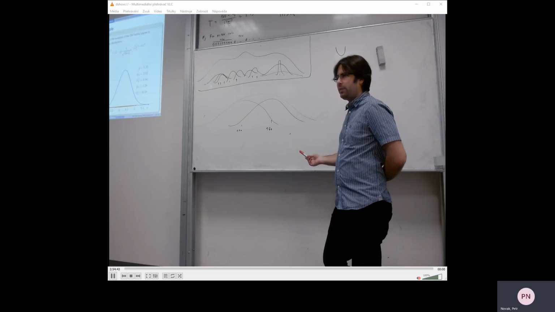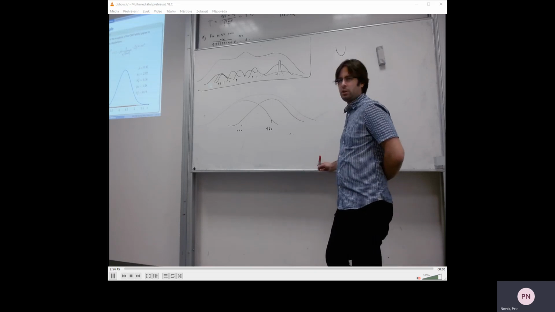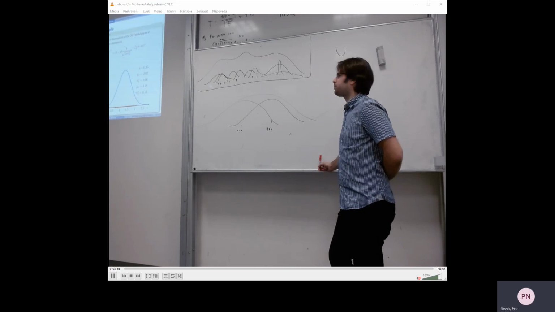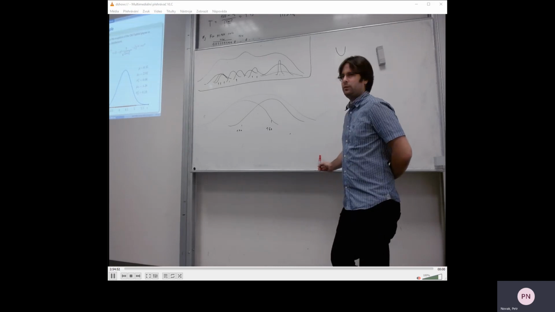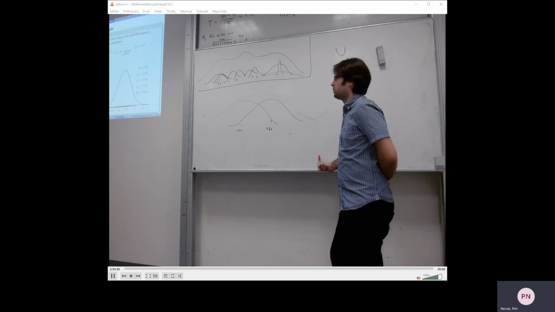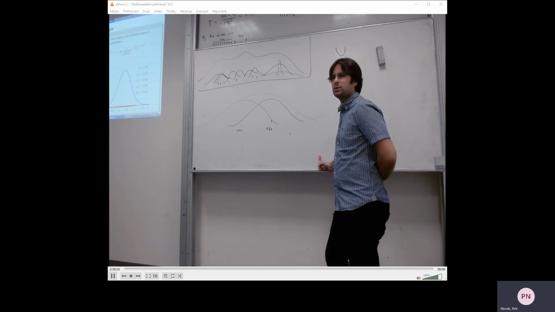And then we will move to processes which are measured in continuous time, and we will stay with those until the end of the semester. Okay, so those are the last 2 major parts: discrete time and continuous time random processes.